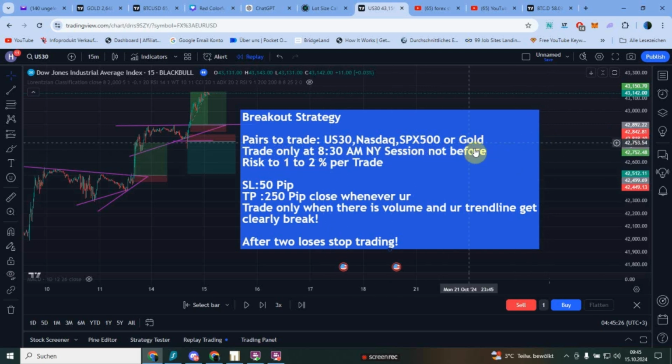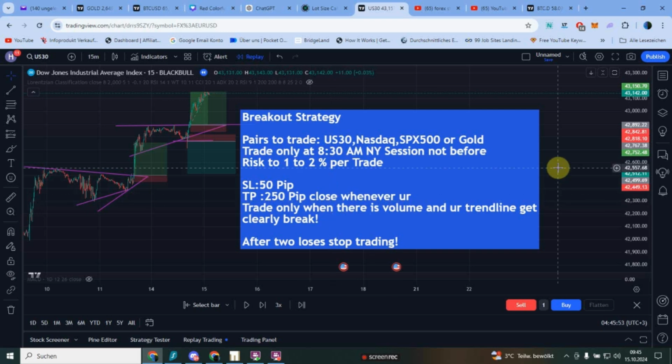Risk 1 to 2% per trade. That's absolutely enough to make a lot of money. For your trade, you only use a 50 pip stop loss, and you go for a 250 pip take profit, and you always close whenever you are comfortable, or when you think that the market will reverse.